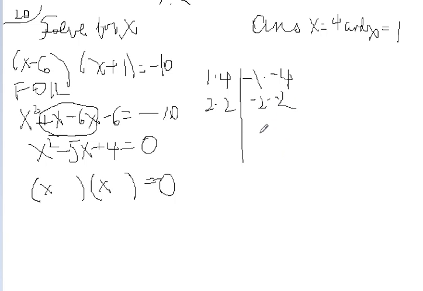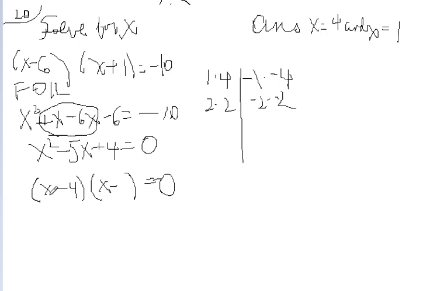Okay, so now do you remember when we FOIL things, we add up the middle terms. So which of these will add up to what I need, which is a negative 5? Negative 4, negative 1. Why?